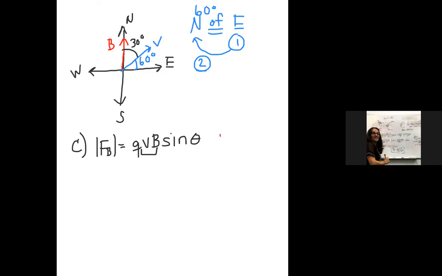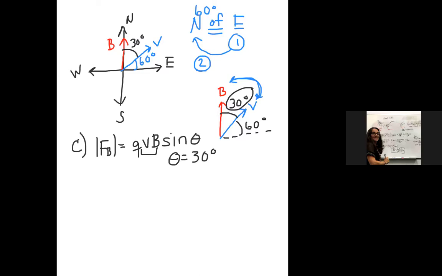My B field goes this way, and velocity goes this way, and the velocity is offset from the x-axis by 60 degrees, which means the angle that I need between V and B is 30 degrees. All right, so theta is going to be 30 degrees.